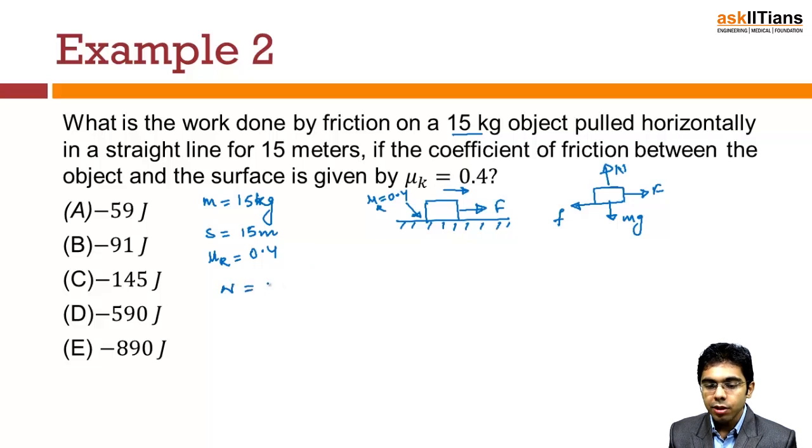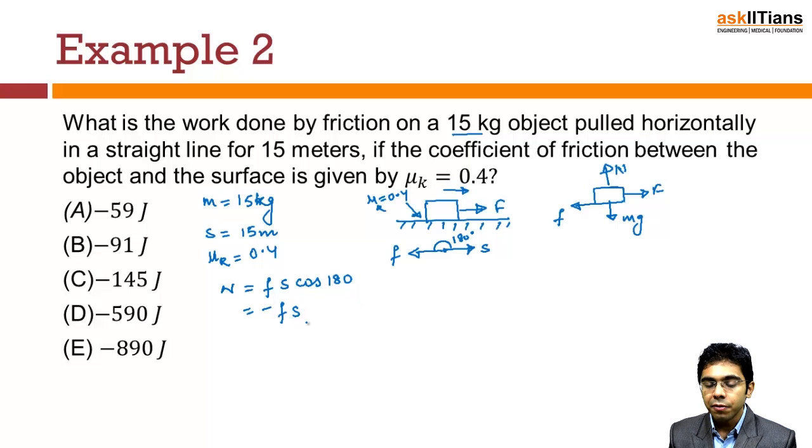Work done by friction is equal to F S cos 180, because the displacement is along plus x and the force of friction is along minus x. So they make an angle of 180 with each other, and this comes out to be minus Fs.